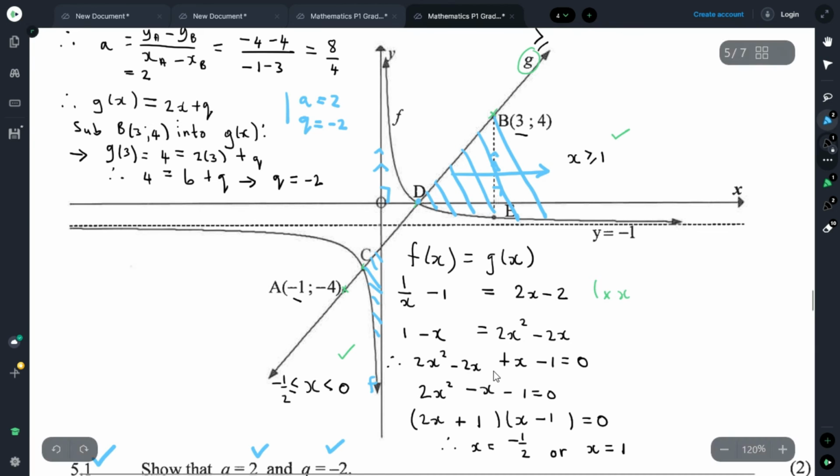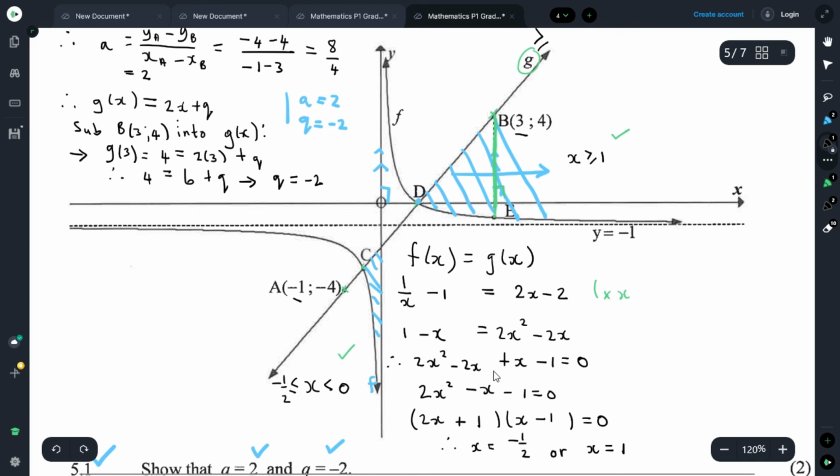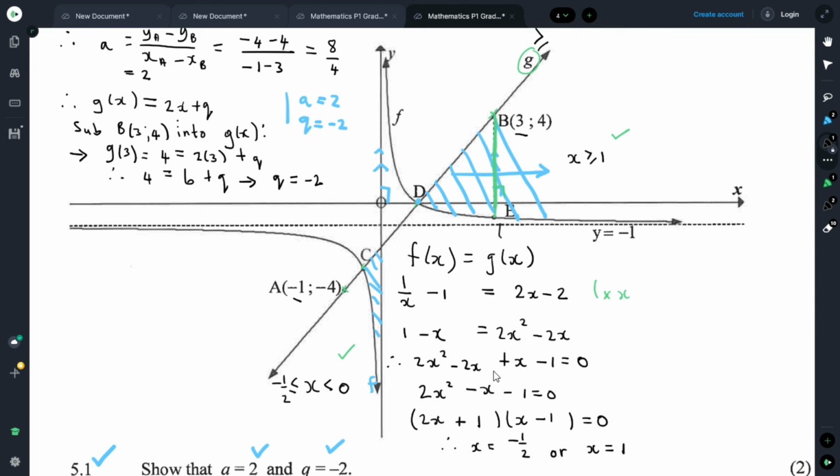So let me just color in BE. They want us to find the length that I'm coloring now with green, that length, right? Because that line is parallel to the y-axis, it means that E shares an x coordinate with B. So E's x coordinate is 3 for the very reason that BE is parallel to the y-axis.